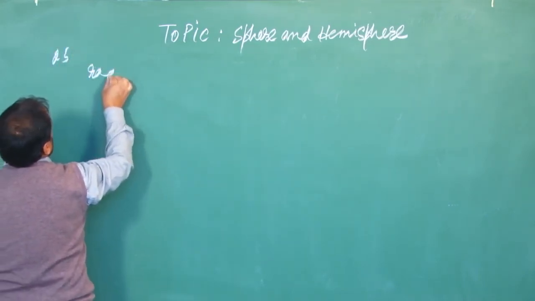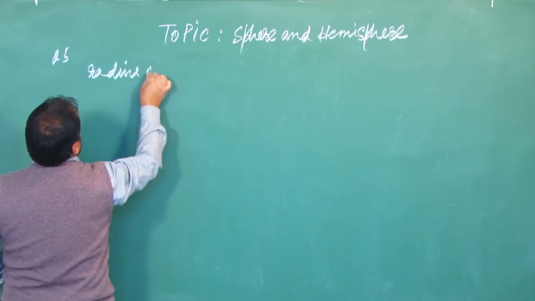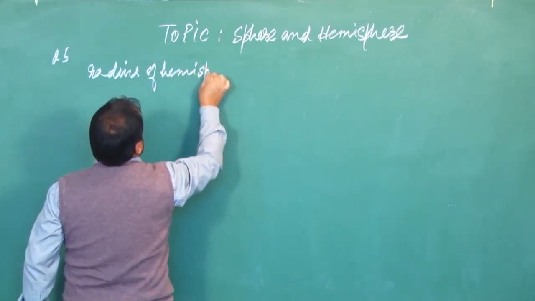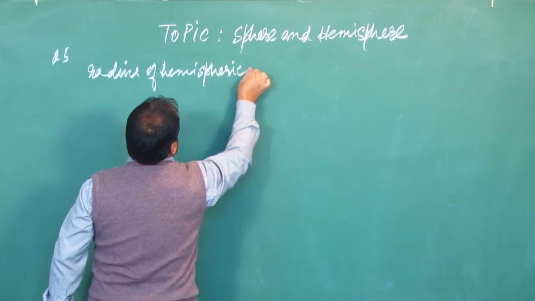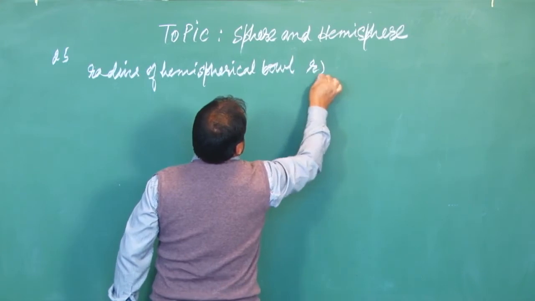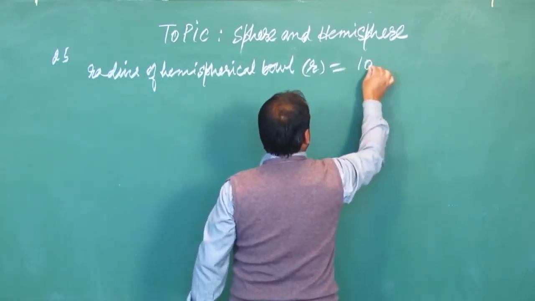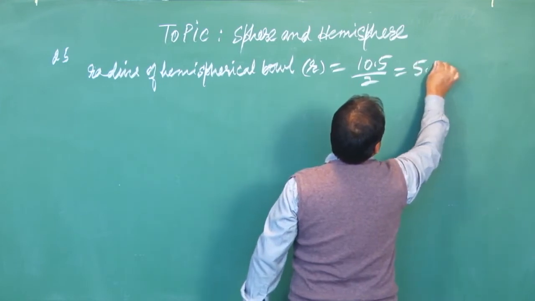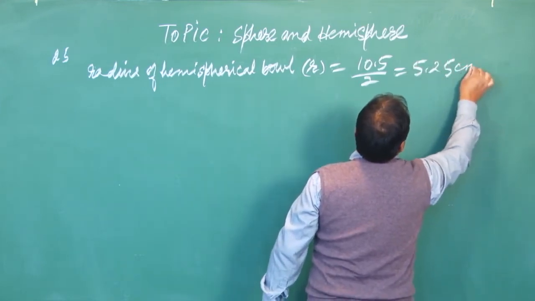So, the radius of this bowl is 10.5, the diameter, divided by 2, which gives 5.25 centimeter.